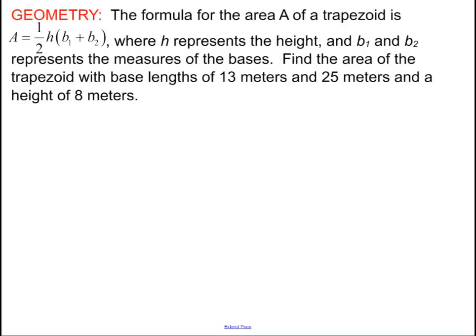Our next example, we have the area of a trapezoid, and they give us the formula where h is going to be height, and base 1 and base 2 are our bases. So find the area of the trapezoid with base lengths.